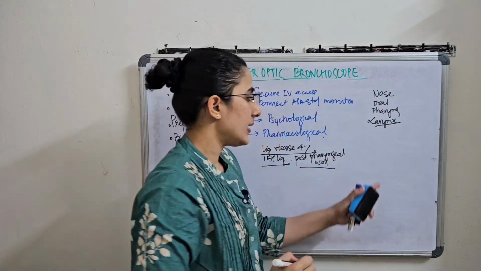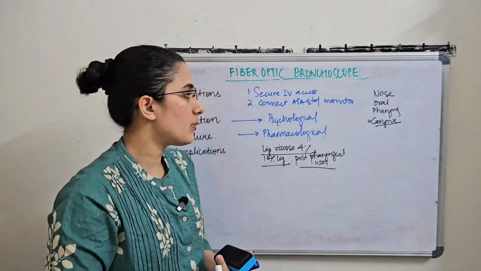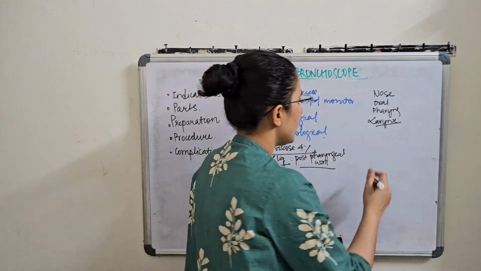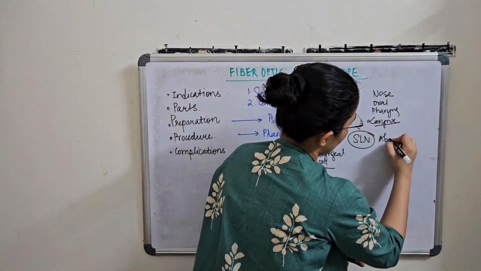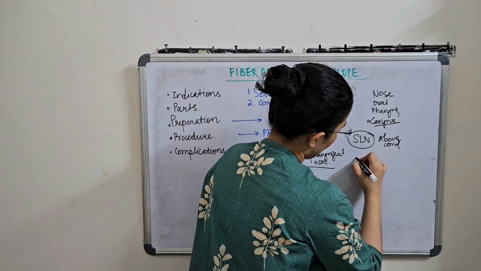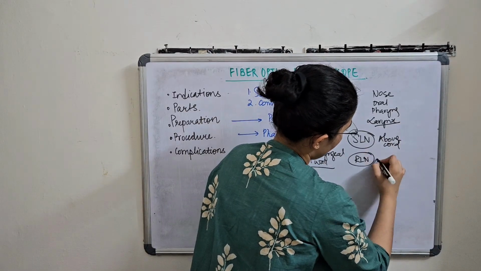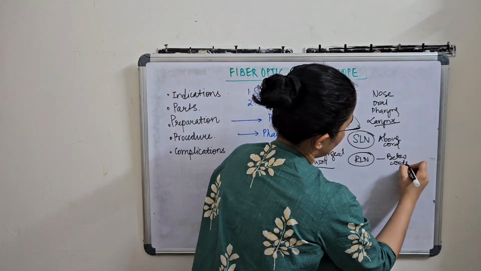In the larynx, above the vocal cords the sensory supply is by the superior laryngeal nerve. Below the cords the sensory supply is by the recurrent laryngeal nerve.